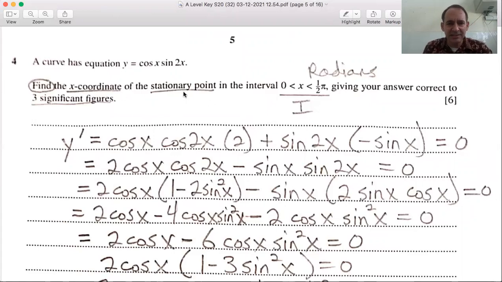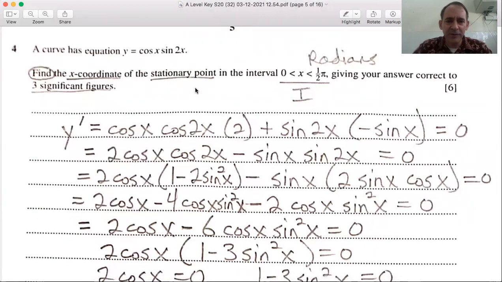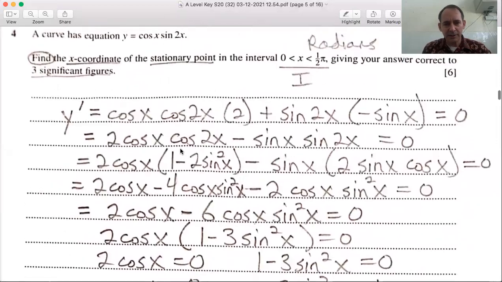The question is asking for the x coordinate of a stationary point. Hopefully you remember from your P1 material, stationary point is the first derivative equal to 0. So we need to do the first derivative, and when we look at this, this is a product rule. We have a cosine x times a sine 2x. So we're going to do the product rule.